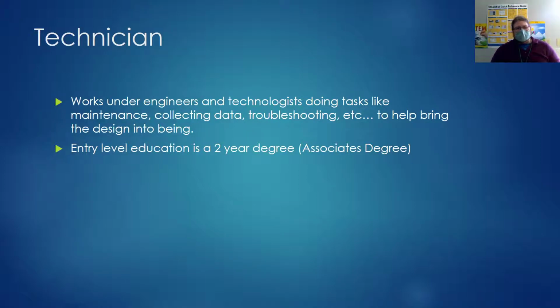So kind of summarizing, engineers focus on building designs. Think of them as designing the blueprints for whatever it is, process or product. A technologist is an expert on a certain bit of technology, because if the engineer is designing something that requires some technology that the engineer maybe knows a little bit about, but doesn't know all the ins and outs of, that's where you'd see a technologist that is very knowledgeable with that piece of equipment.